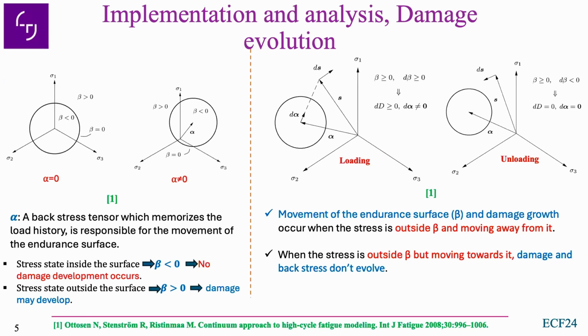But if just beta is positive, and d beta is negative, the damage development cannot occur. When the stress is outside the surface but moving towards it, damage and back stress don't evolve. So these conditions are very essential to the development of the damage. Beta and d beta both must be positive.